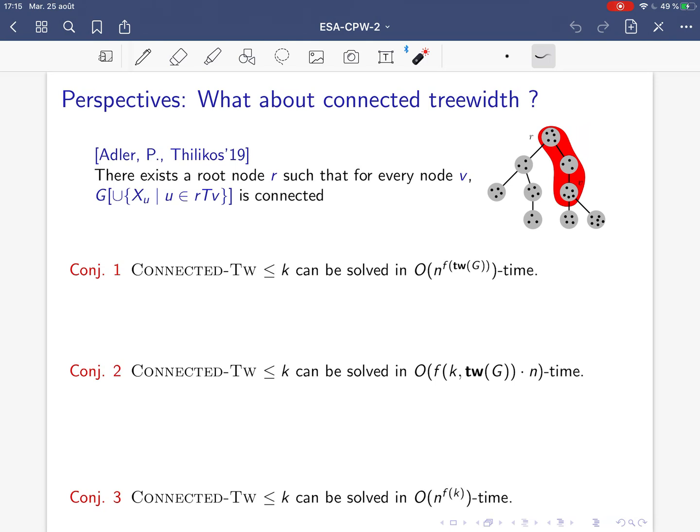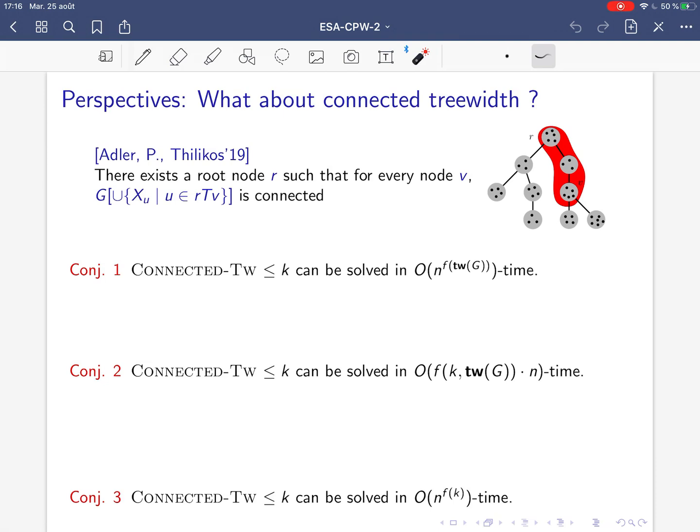Okay, so let me conclude with some conjectures and thoughts about connected tree width of a graph. A tree decomposition is connected if we can identify a root, here this bag R, such that for every bag V, the path between the bag V and the root R induces a connected subgraph.